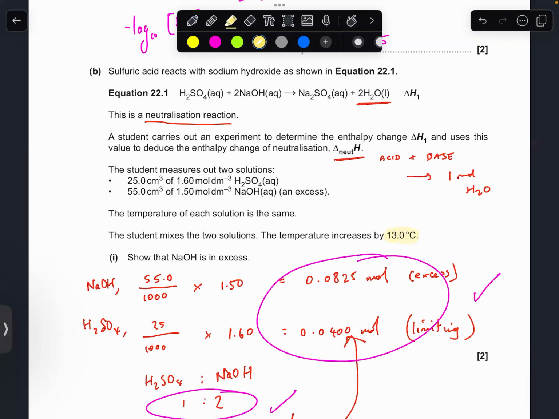A student asked a question where they said, do we need to convert the degrees Celsius into Kelvin when we use Q equals mc delta T? No, we don't. Because this is a temperature difference, it makes no difference.